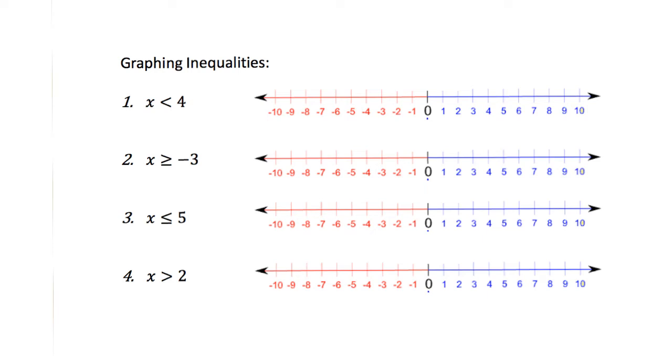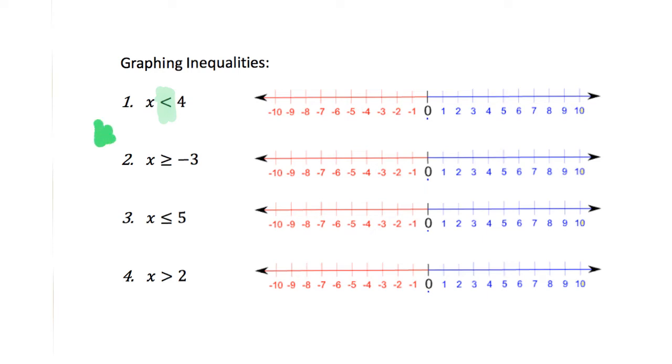So now let's look at the bottom of this page. So we're going to look at these first two. So the first thing I want to highlight is this inequality symbol. Okay, so think about what inequality symbol that is. So if you look up above, that inequality is less than.